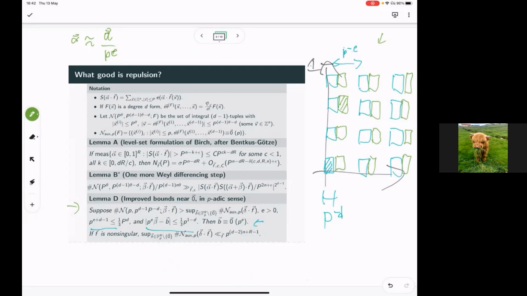So in the assumptions in the lemma, we have that our parameter beta has to be close to a rational vector b on p to the e, and then the only linear combination of the forms that we really use any properties of here is this one here.